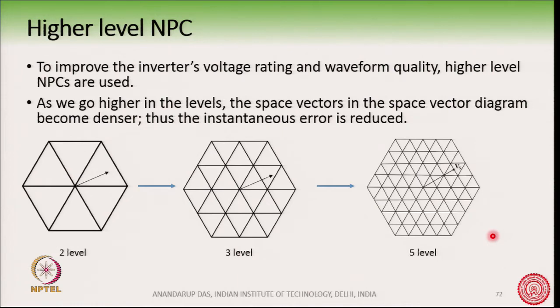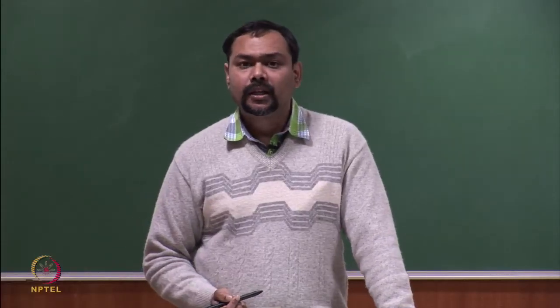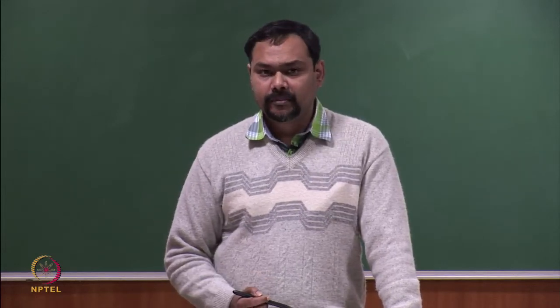So that the instantaneous error between the reference vector and the actual vectors which we are switching is reducing. And if the instantaneous error reduces, we are approaching closer and closer to the desirable sine wave. So, that is why a 5 level space vector diagram or a 5 level NPC will be better in terms of waveform quality than a 3 level NPC.